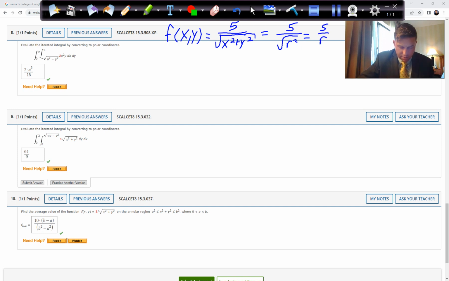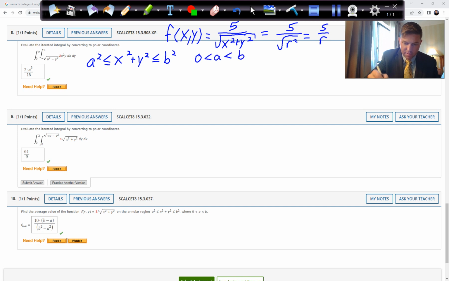Okay, so far so good. Now it says a squared is sandwiched below x squared plus y squared, sandwiched below b squared. And then it says a is positive, bigger than 0, but smaller than b. Well, this is really r squared. And if I square root everything, this is saying the radius is sandwiched between a and b.